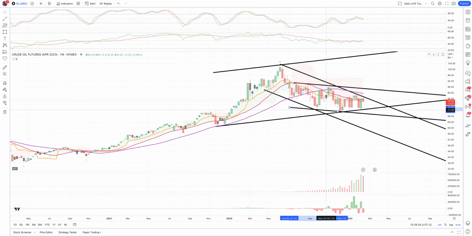So let's see. Okay. So point number 1, point number 2, point number 3, and look at how price reacted to it in the future.